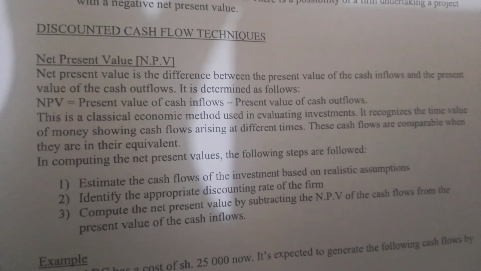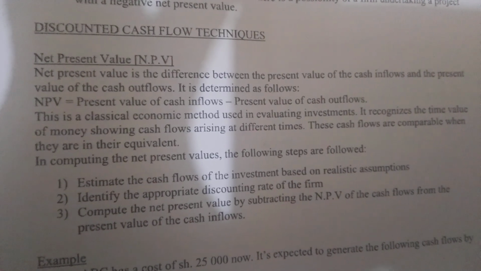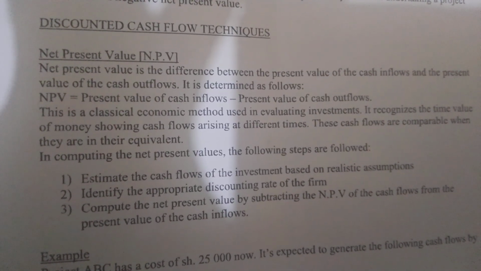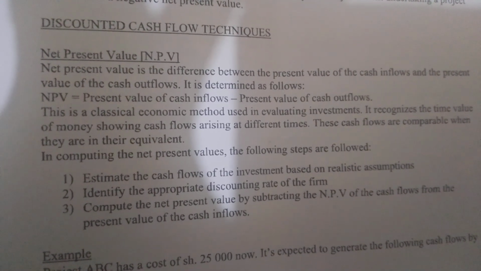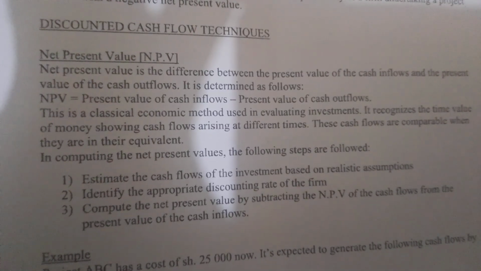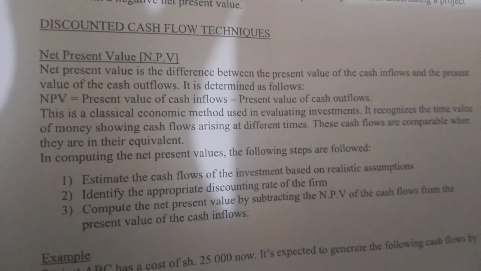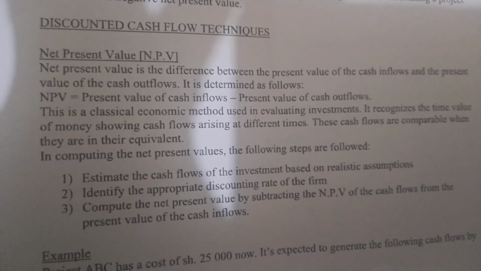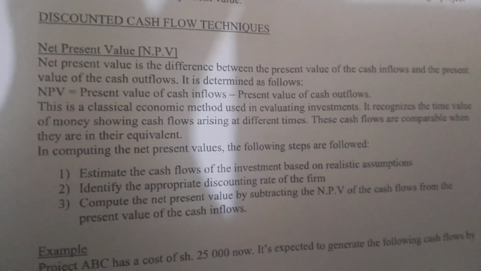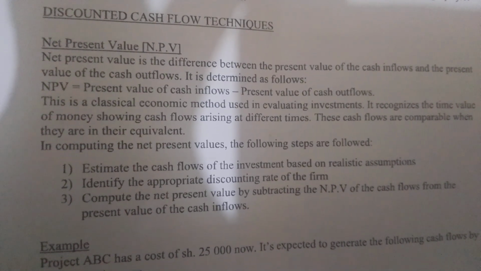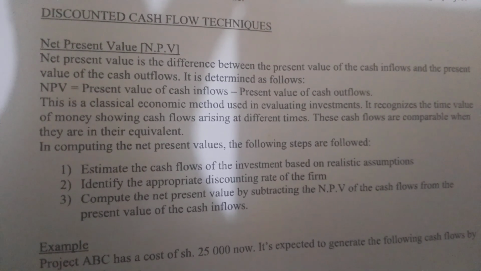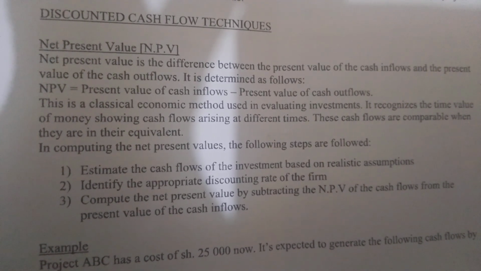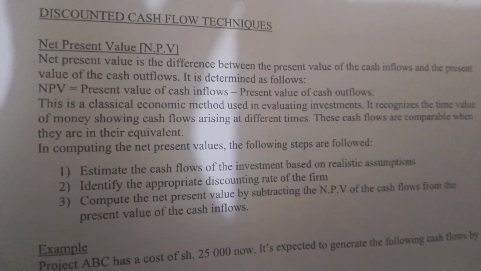If you acquire a machine and you calculate your net present value and you get a negative, it implies that the acquisition of that particular machine will lower the value of the firm, and therefore whenever you get a negative net present value, that particular project or asset acquisition should be rejected.